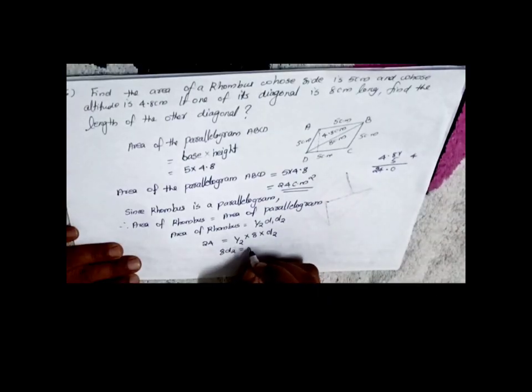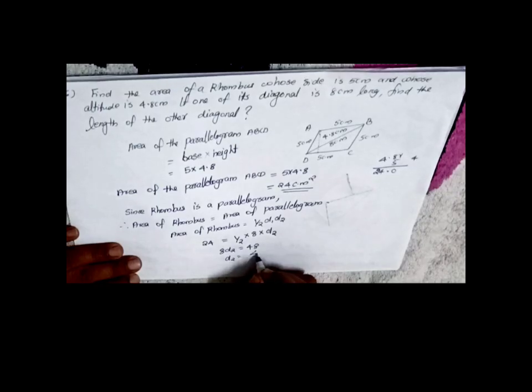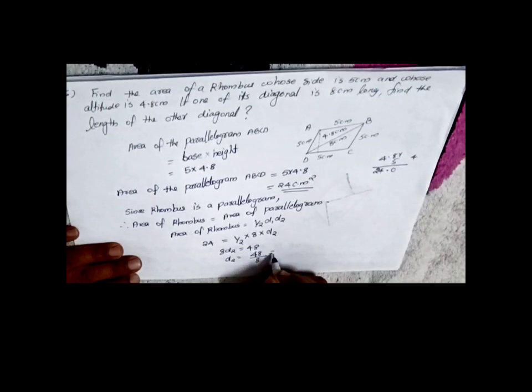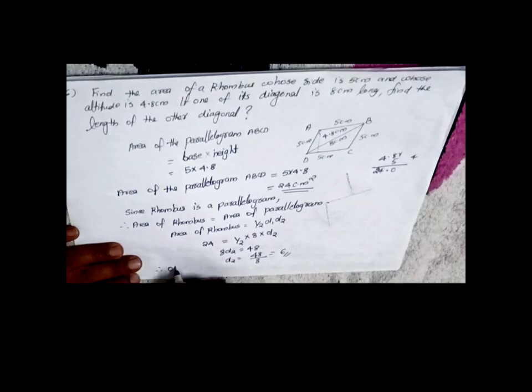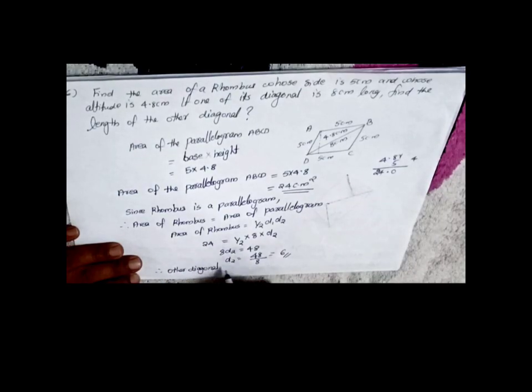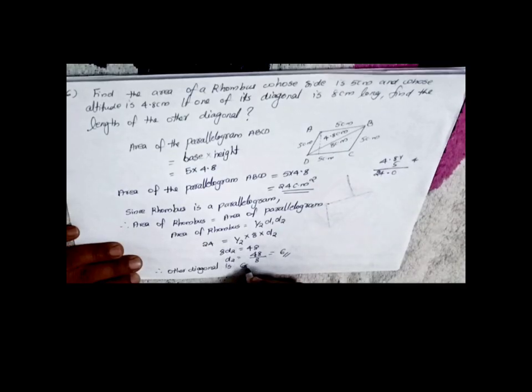That is 8 d2 equal to 48. Therefore d2 equal to 48 by 8, that is equal to 6. Therefore the other diagonal is 6 centimeter.